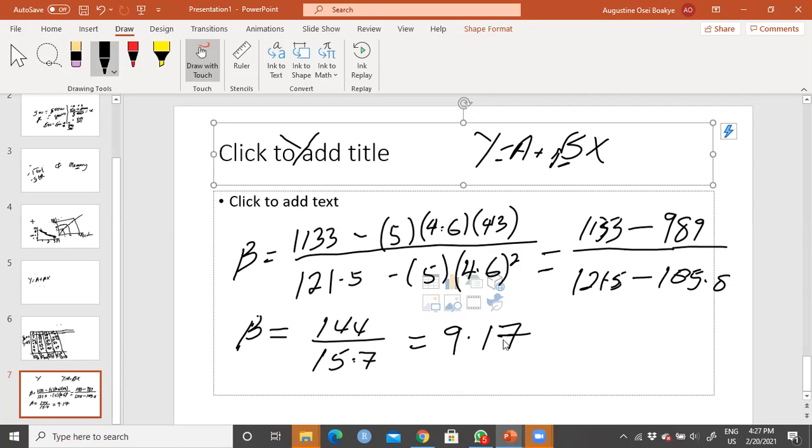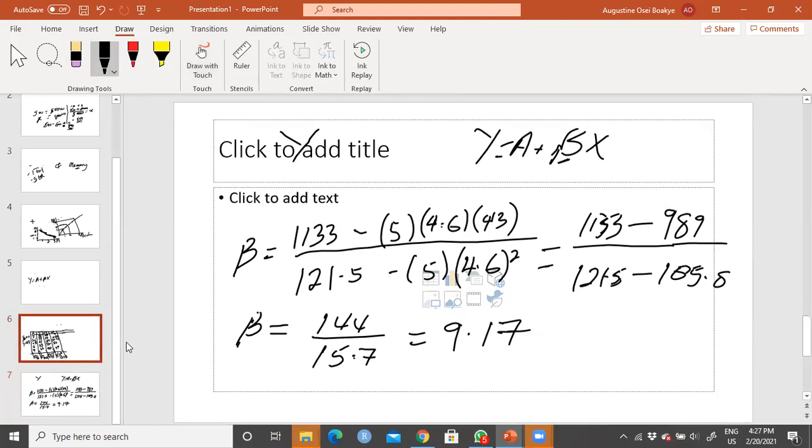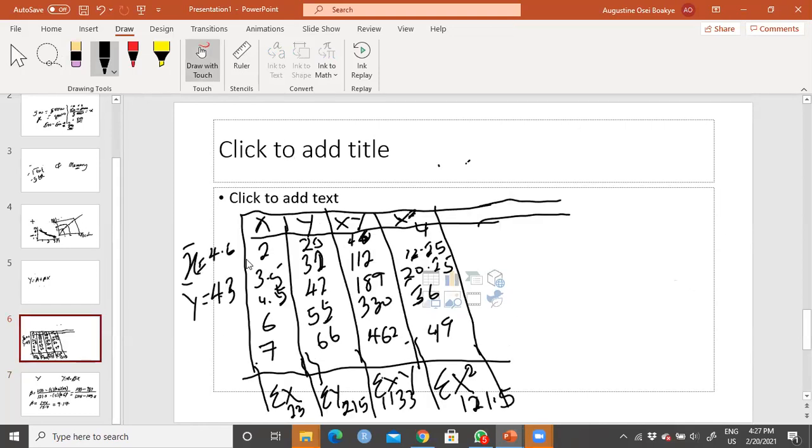Please, is it clear? Yes, sir. Good. Now, the x and the y that you find over here are the same as the mean values we computed, the mean of x and the mean of y.